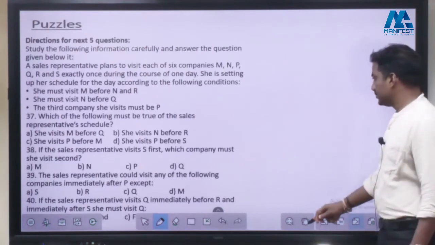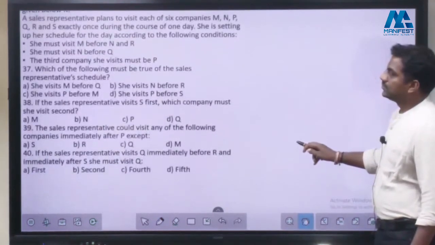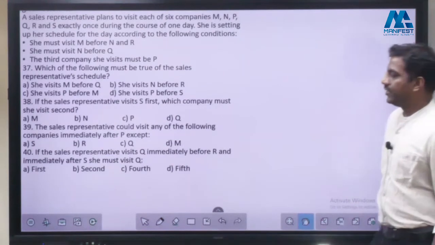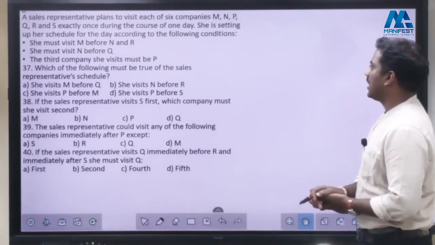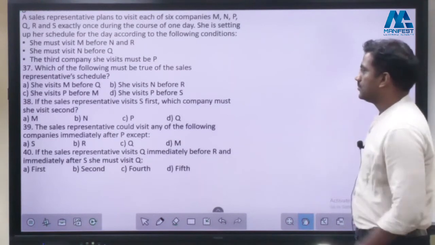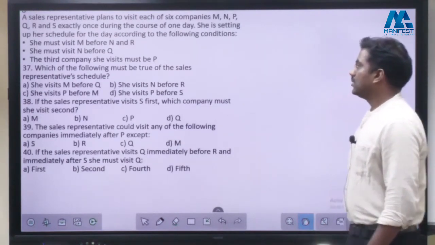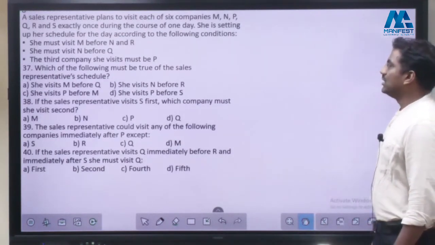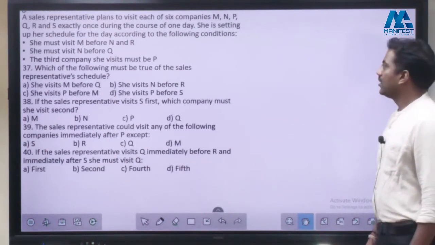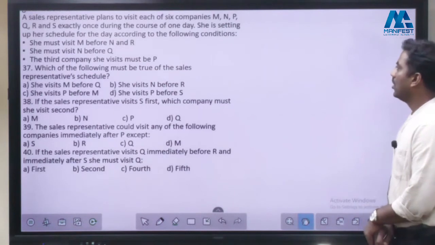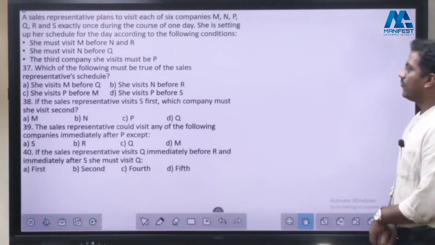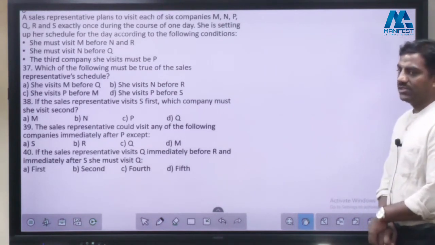Next. A sales representative plans to visit each of 6 companies, M, N, P, Q, R, S, exactly once during the course of 1 day. She is setting up her schedule for the day according to the following conditions.